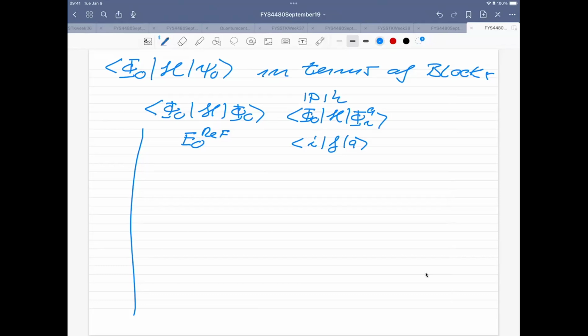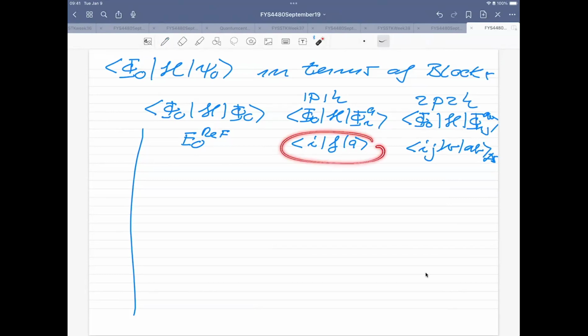The next block is phi 0 H, and I'm running a little bit out of space here because this is going to continue. This we calculated, and it is given by this specific antisymmetrized integral, AB. So this is a two-particle, two-hole block, and all the elements in that specific block are of this form.